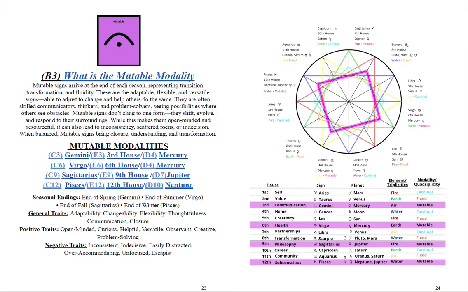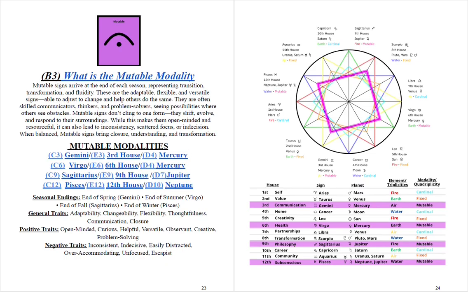Mutable signs arrive at the end of each season, representing transition, transformation, and fluidity. These are the adaptable, flexible, and versatile signs, able to adjust to change and help others do the same. They are often skilled communicators, thinkers, and problem solvers, seeking possibilities where others see obstacles.